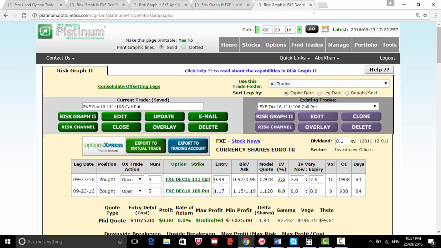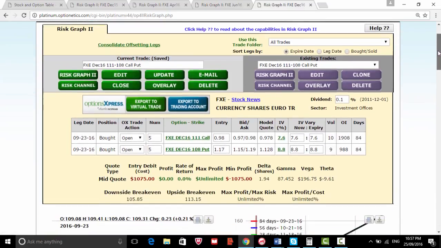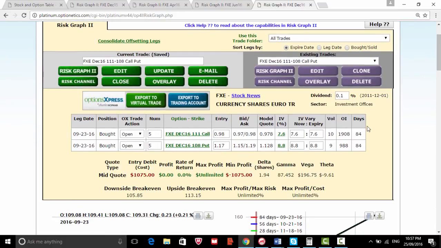One of the options that meets that criteria is the December, which has 84 days to options expiry. Remember, we're looking for options that expire between 60 and 90 days. The 111 call and the 108 put meet the delta criteria that I've mentioned for this type of strategy.